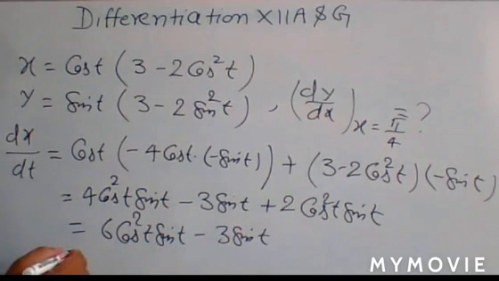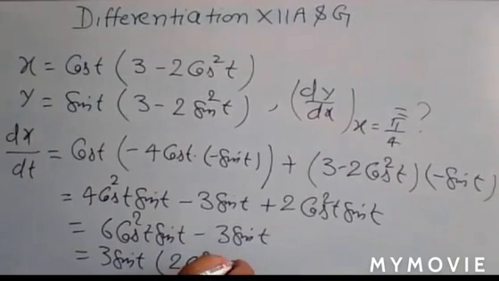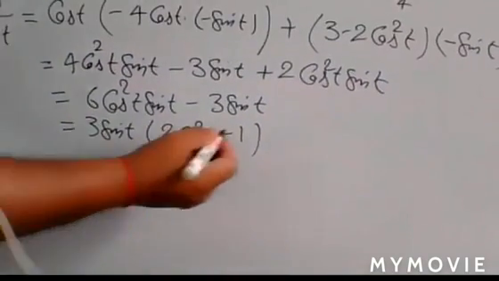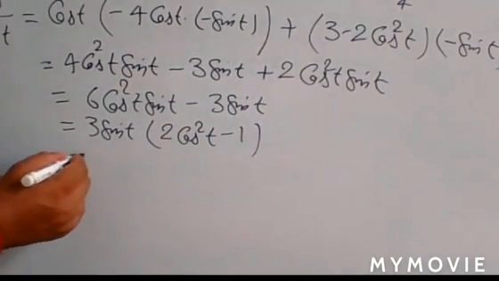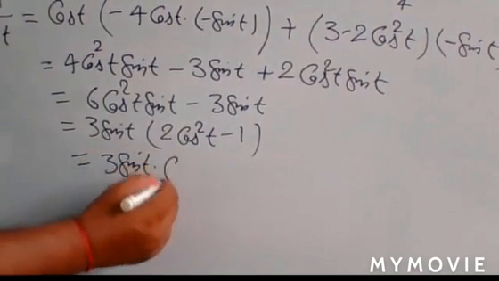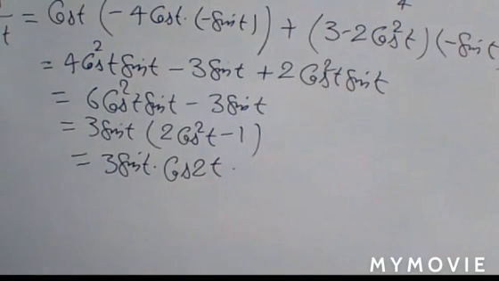Now taking 3 sin t common, you have 2 cos square t minus 1, and you know 2 cos square t minus 1 is equal to cos 2t. So you have 3 sin t into cos 2t. Note it. That gives the value of dx by dt.